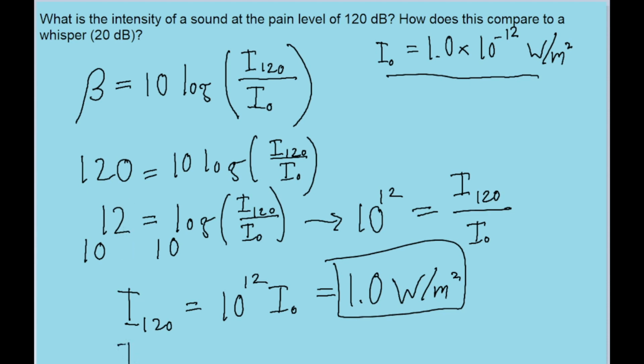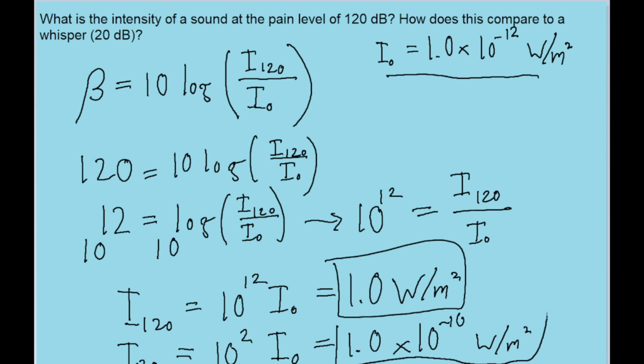And so the final equation we'll look at then becomes the intensity at 20 is equal to 10 to the power of 2 times the threshold of hearing, which, if we put that into our calculator, is equal to 1.0 times 10 to the power of negative 10 watts per meter squared. So that's the difference.